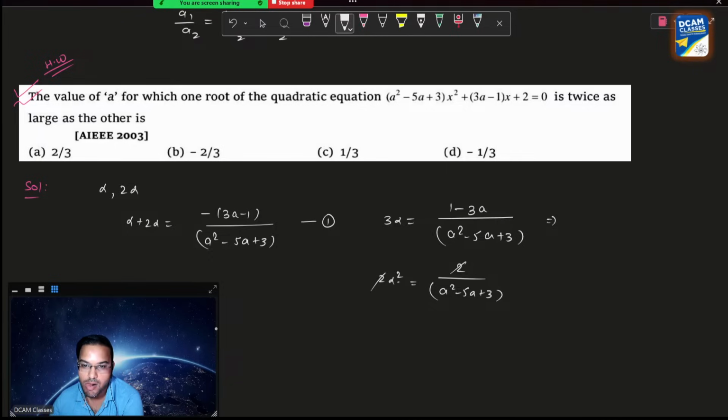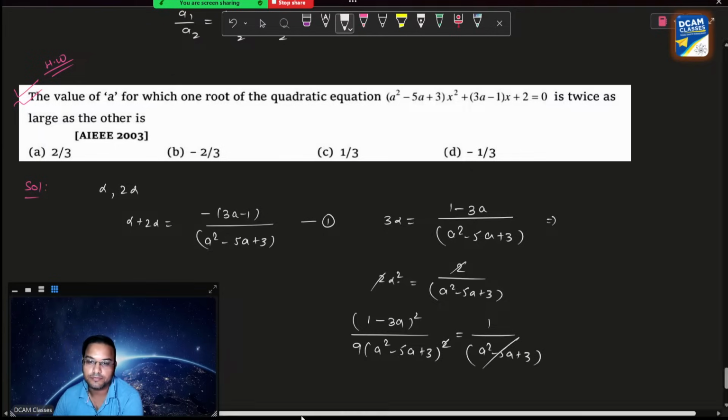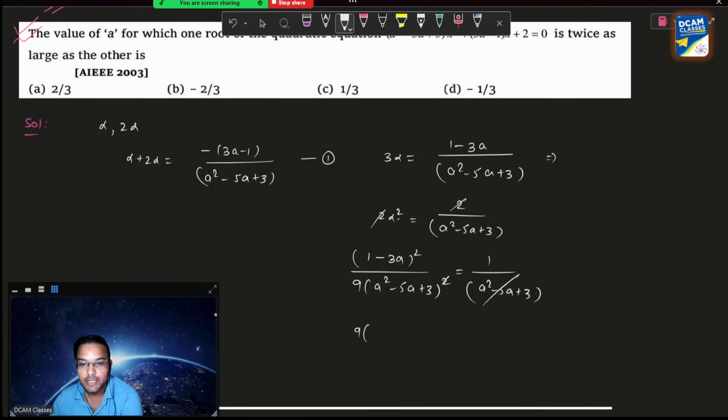So (1 minus 3a) whole square by 9 into (a square minus 5a plus 3) whole square is equal to 1 upon. Acha, you're taking time to solve this one. So 9 into (a square minus 5a plus 3) is equal to 1 plus 9a square minus 6a. 9a square minus 45a plus 27 is equal to 9a square minus 6a plus 1.